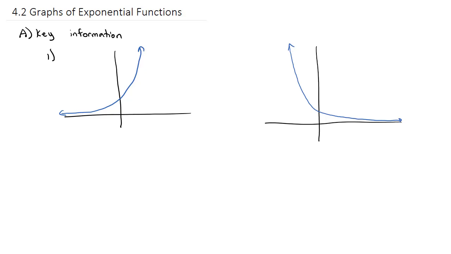Either way you look at it, the function is going to be of the form f of x equals ab to the x. The a is that starting initial value, so that'll always be the point on the graph (0, a) on both graphs. And then there'll always be a second point on the graph at (1, ab).